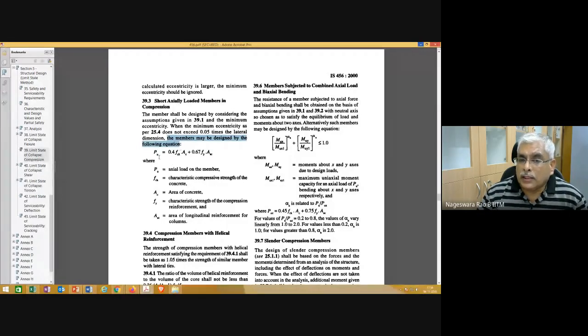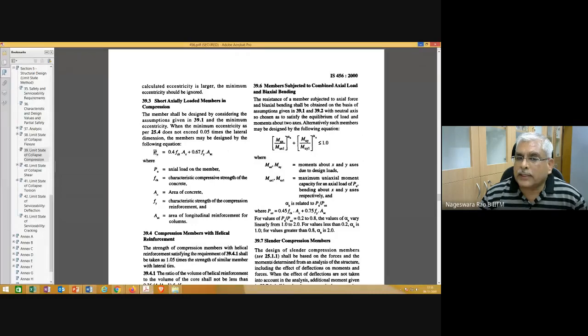As a part of this basic course, we'll be making use of this equation. Please note that whatever you are learning as part of this basic course is valid only when the minimum eccentricity is not exceeding 0.05 times the lateral dimension. And this Pu is nothing but the axial load on the column. If reinforcement, section details, grade of concrete and grade of steel are given to you, you can estimate the capacity of this section.